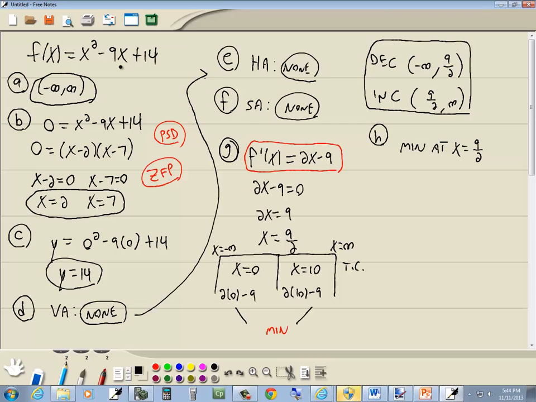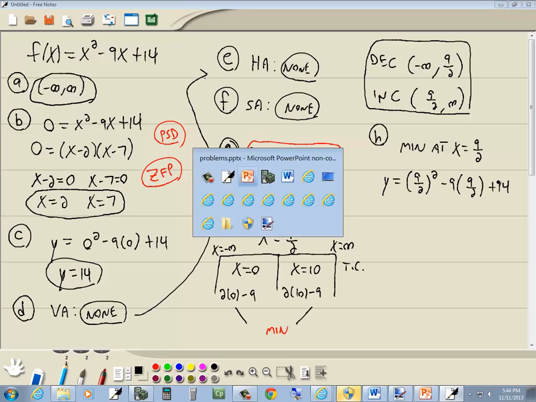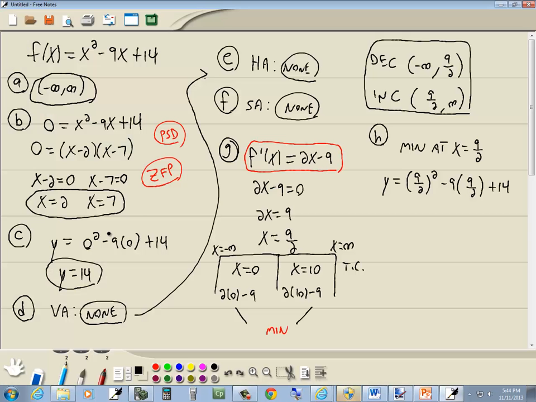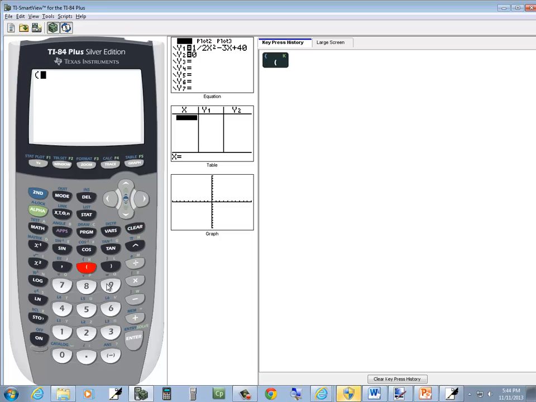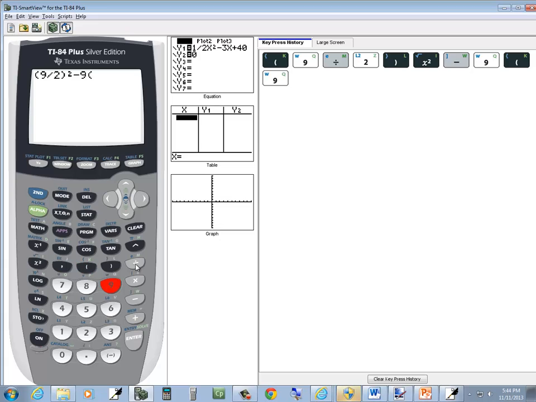So we're going to take that 9/2 and plug it back in the original function and find out what our y value is. So we got y is equal to 9/2 squared minus 9 times 9/2 plus 14. And I'm not going to work that hard. In the calculator: beginning parentheses 9 divided by 2, close parentheses squared, minus 9, beginning parentheses 9 divided by 2, closing parentheses, plus 14.